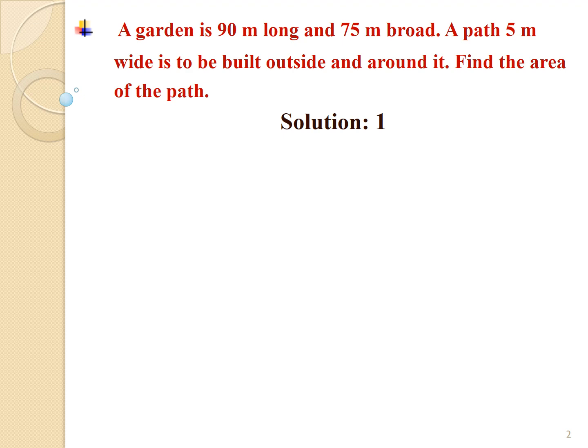So, let us solve question number 1 and find the area of the path by first finding the area of the rectangular garden excluding the path as well as including the path, and writing the necessary information given to us.